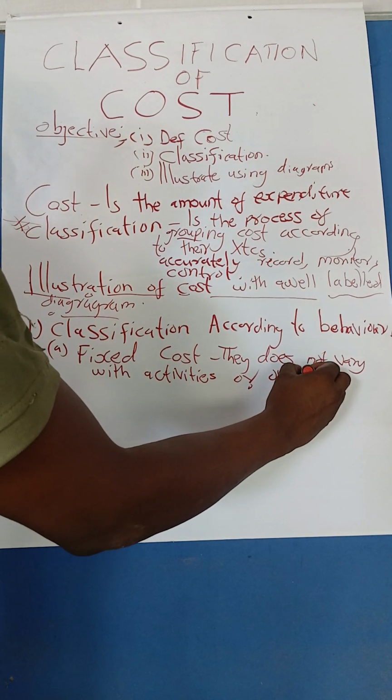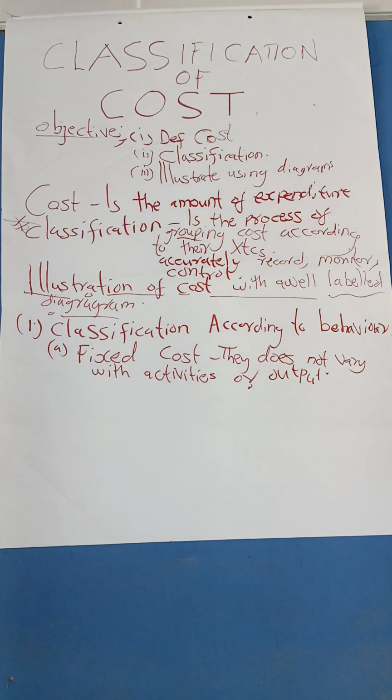Good. Fixed cost. From the word fixed, it is just permanent. Something is just there. It is permanent. It remains constant within a relevant range.